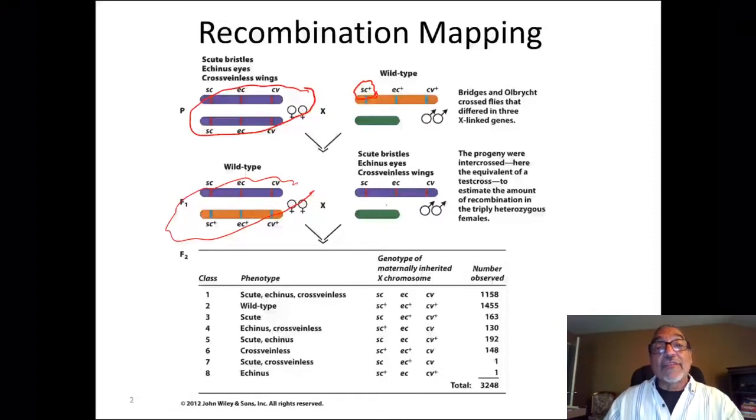Then, by crossing them with a triple homozygous male, they are able to create individuals that always allow them to identify linkage and recombination. And they can use the phenotypic categorization of these individuals to calculate recombination frequencies. The data are listed below for you.